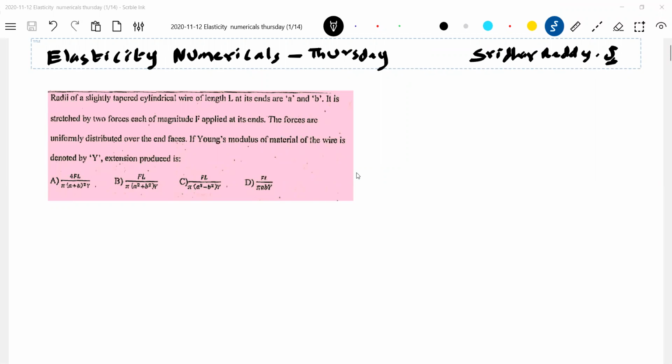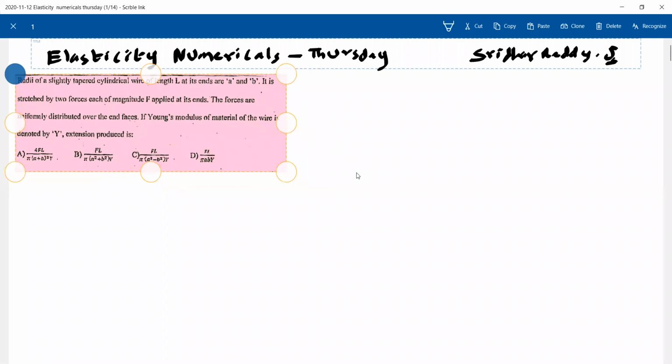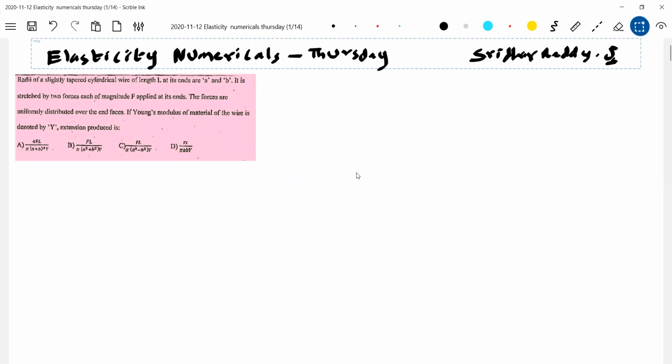Okay, read the question. And the radii of a slightly tapered... just similar to what we did previously, these are a similar set of numericals.